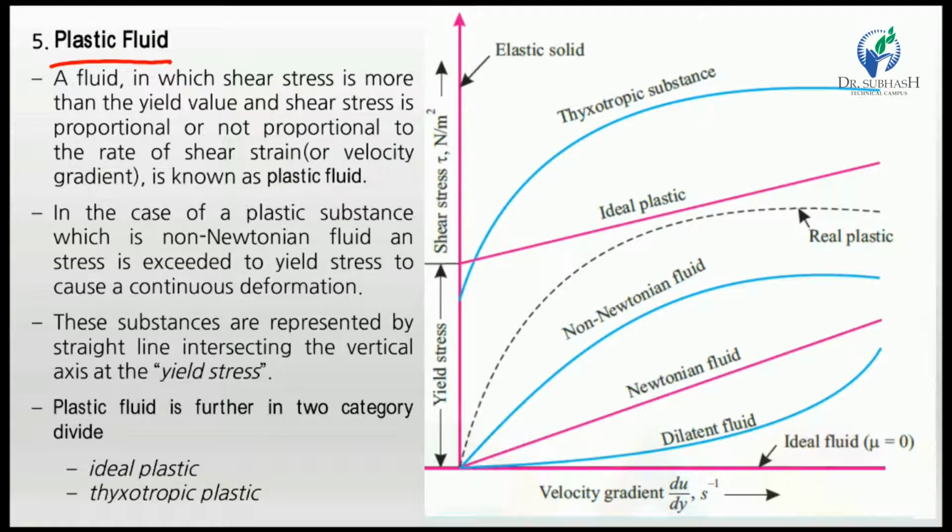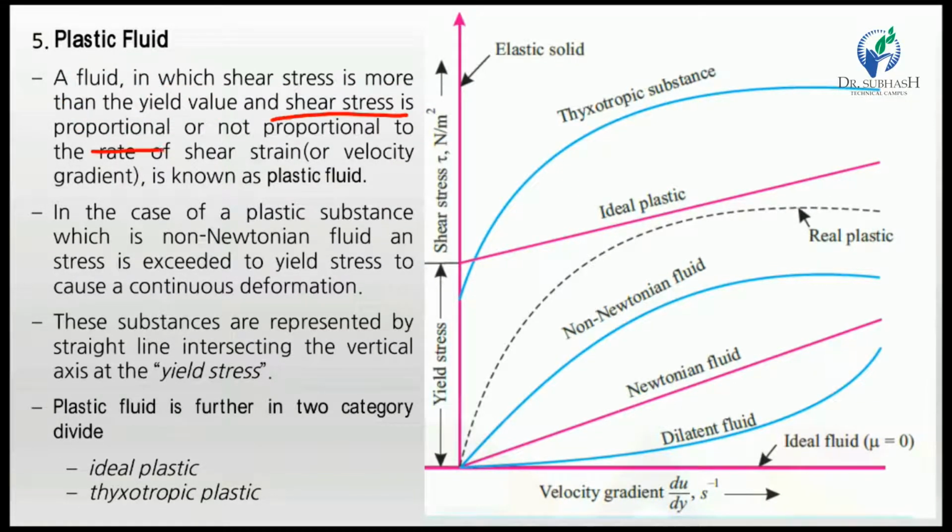Now plastic fluid. A fluid in which the shear stress is more than the yield value, and then the shear stress is proportional or not proportional to the rate of shear strain, is known as a plastic fluid. Okay.